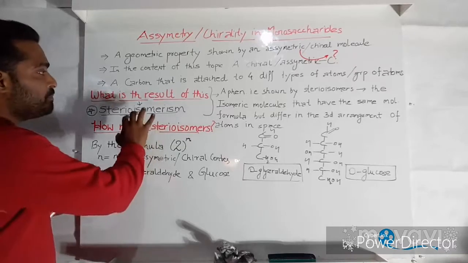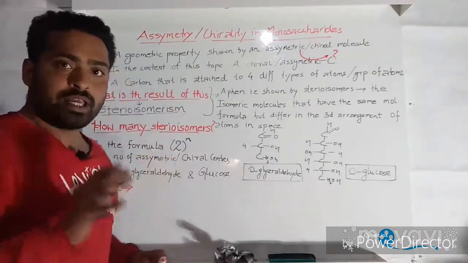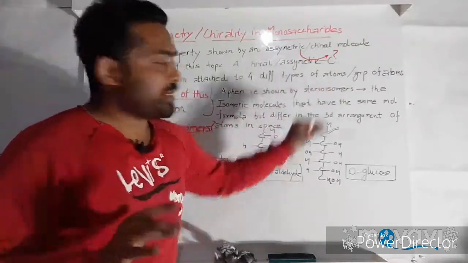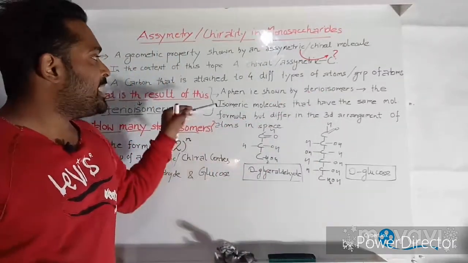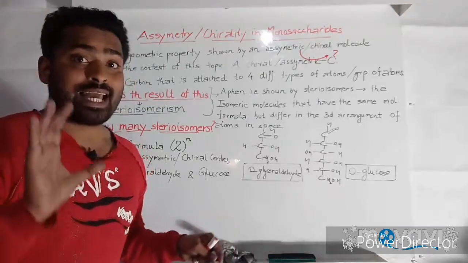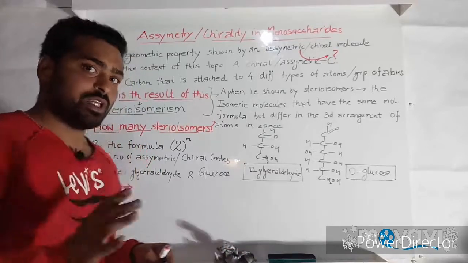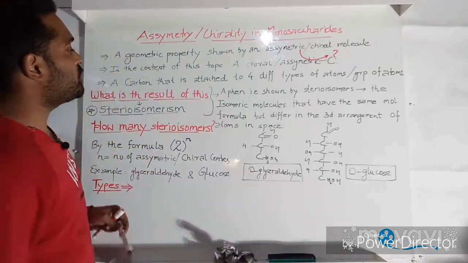So the perfect definition for this is a phenomenon which is shown by stereoisomers, that is the isomeric molecules that have the same molecular formula but have different 3D arrangement of atoms in space. So simple.